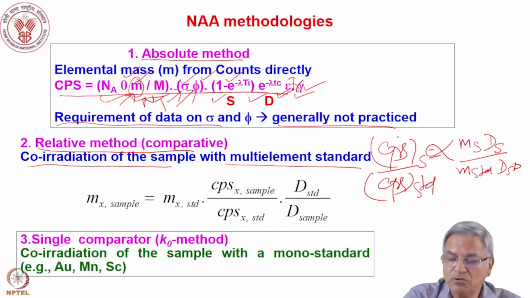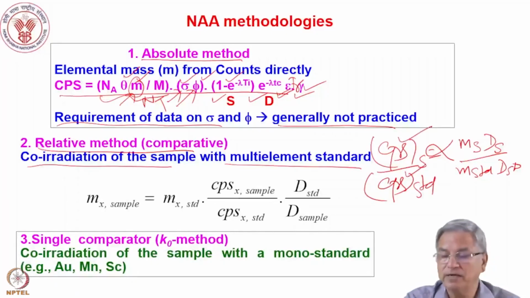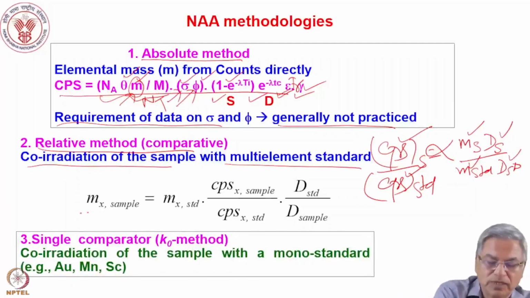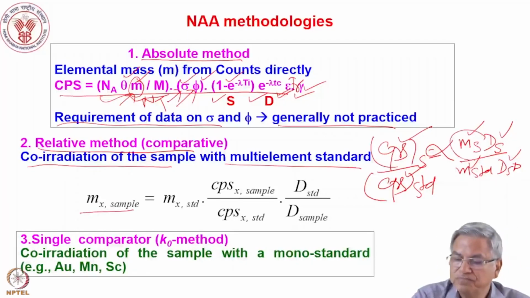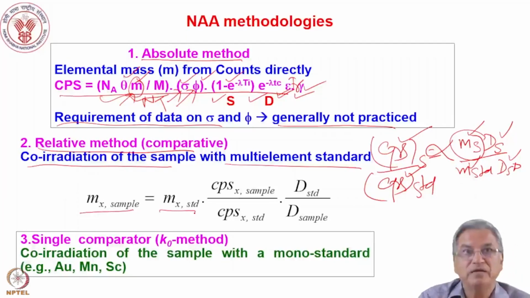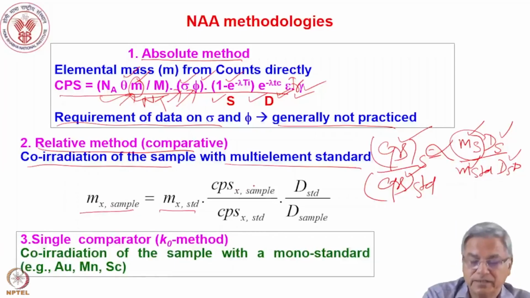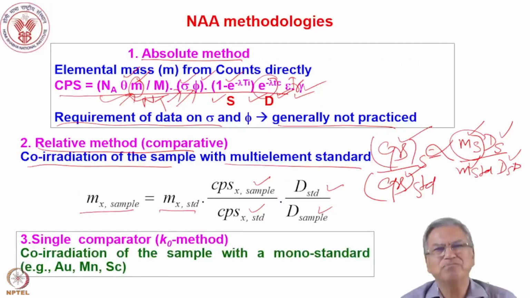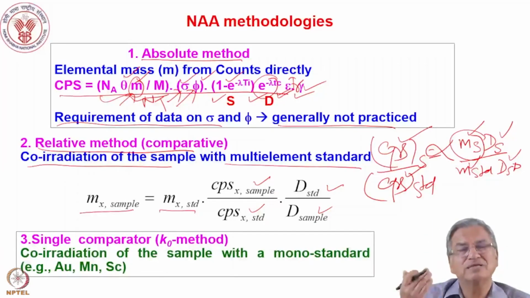So you have the count rate of the sample, count rate of the standard, mass of the element in the sample, mass of the element in the standard, decay factor for the sample, and decay factor for the standard. So what you get is M, the mass of the element in the sample, from the mass of the element in the standard, which is known, the count rate in the sample upon the count rate in the standard, and the decay factor. These are all very simple quantities. There are standard reference materials for which the concentrations are known.